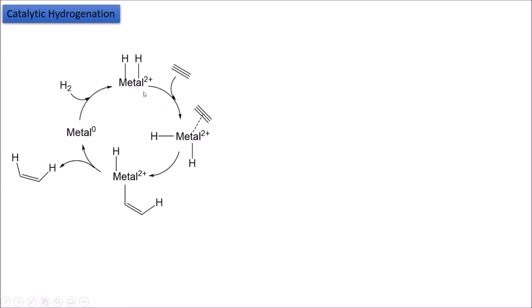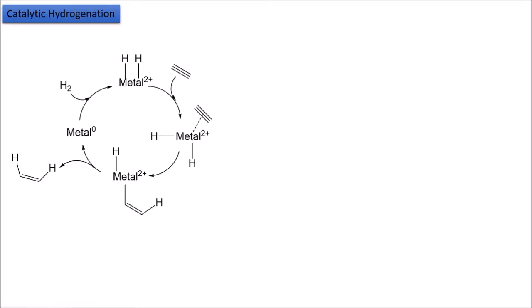This was the oxidative addition, and then we have the coordination step, where the metal, now with a 2+ charge, will attract the pi system of the alkyne. In this particular step, where the alkyne's pi system just leans into the positively charged metal, is going to show up again towards the end of today's lesson. A different metal is going to do it in a later step on a different mechanistic pathway.